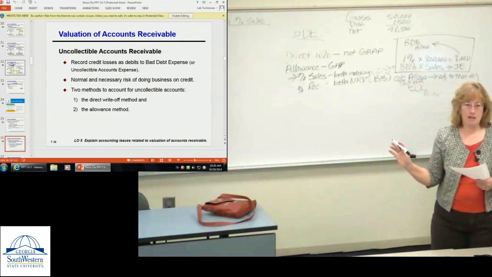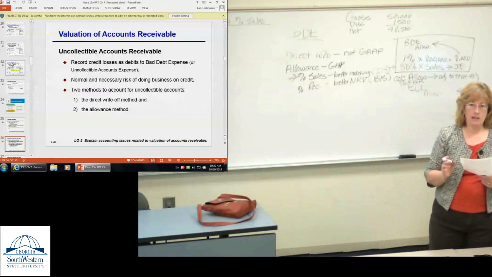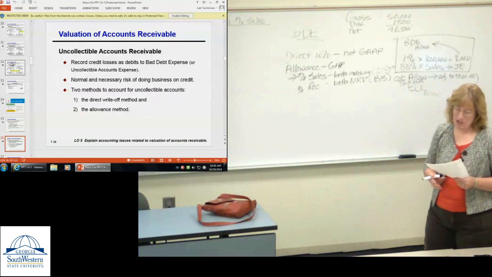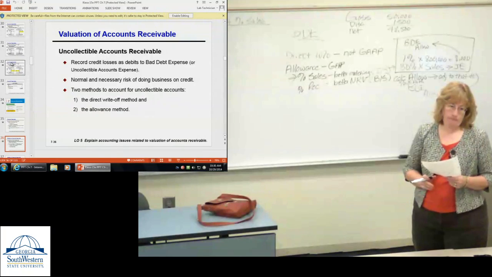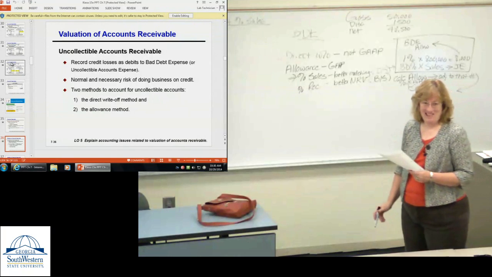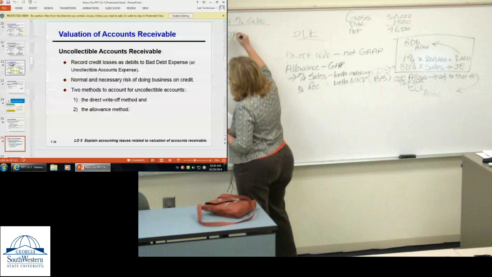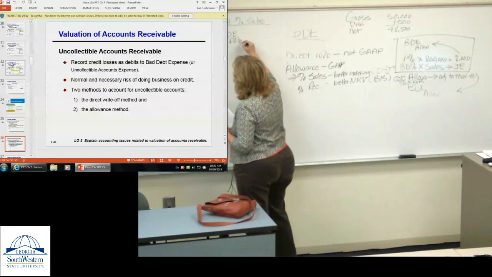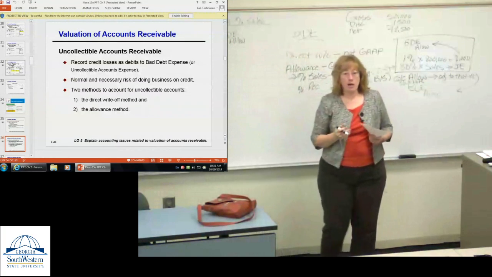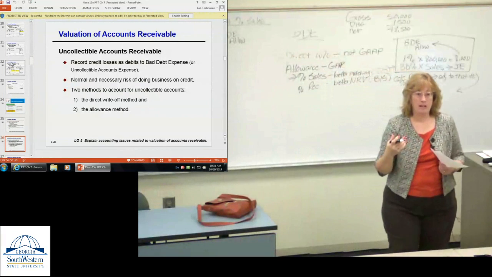Not thinking about the numbers, what would be the entry? Debit bad debt expense, and credit the allowance, right? So now all we have to do is figure out what the amounts are.